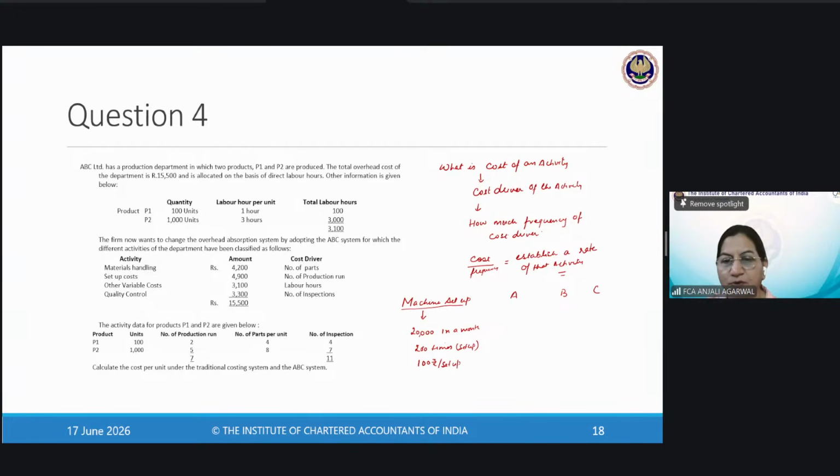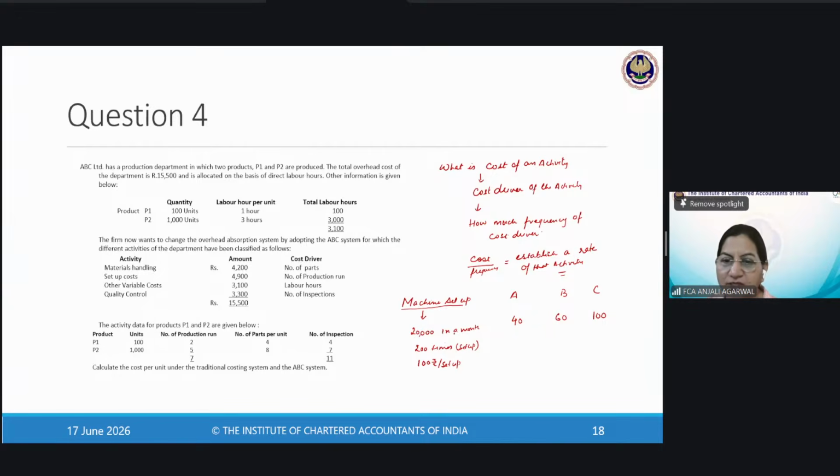20,000 divided by 200. Now we will see that in this month, how many times the machine was set up in department A, in department B, and in department C. So instead of looking at the machine hours of department ABC, we see how many times the machine was set up.